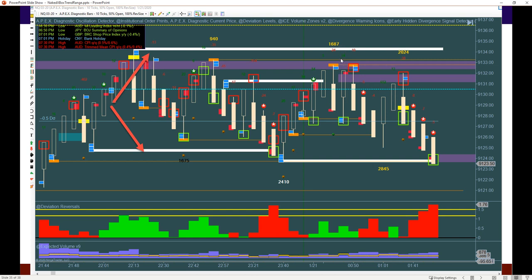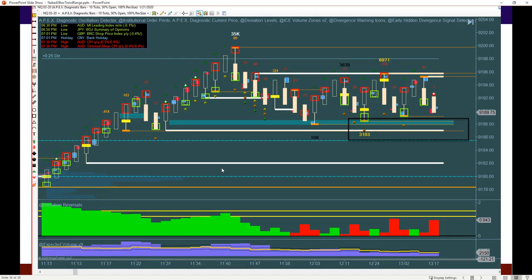Much less getting through all these obstructions. But even if the obstructions work there, look how close we are to the top of the box. Do we want that? No. If I'm going to buy, I want to buy off a bar coming off the bottom, not going right into the top. Does that make sense? Does that example help at all? Try to draw that square box in your head and realize I want to get in at the bar coming off the top or bottom, not almost at my destination. That's how you trade range-bound trading with the naked X boxes.